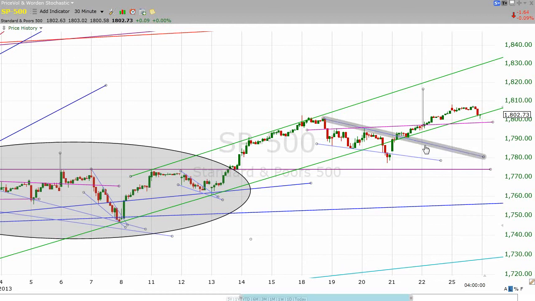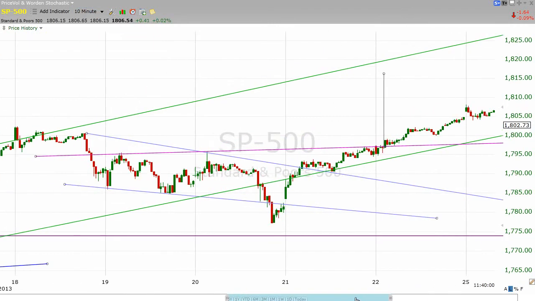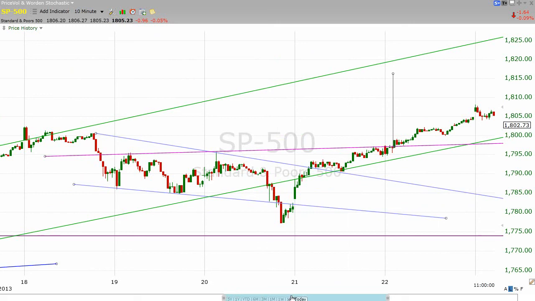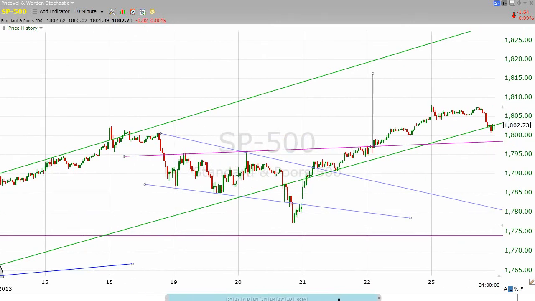I still think we get our target from this pattern, this little semi-completed inverted head and shoulders pattern, but I want to show you something that might be worth mentioning, just to kind of put us on alert in case we start to see some more selling in the immediate future.